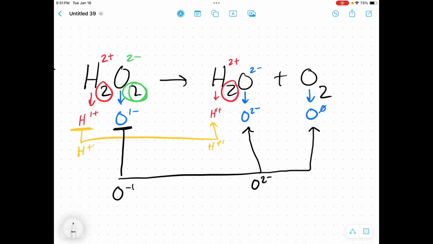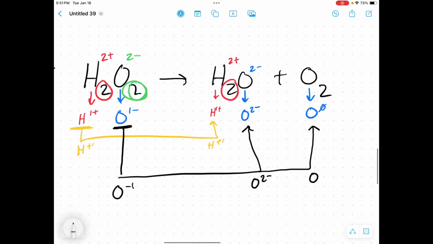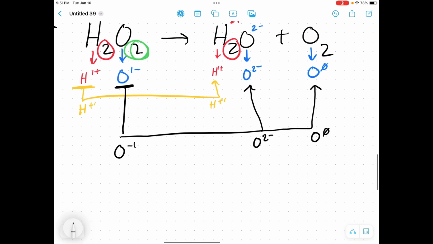And when the other parts of oxygen break down to form that oxygen gas, this oxygen has no charge. So here oxygen is being both oxidized and reduced.